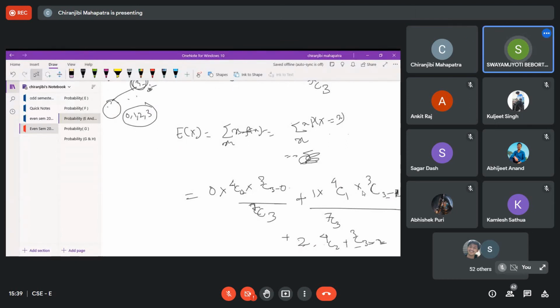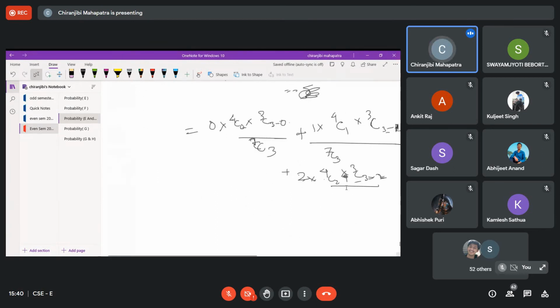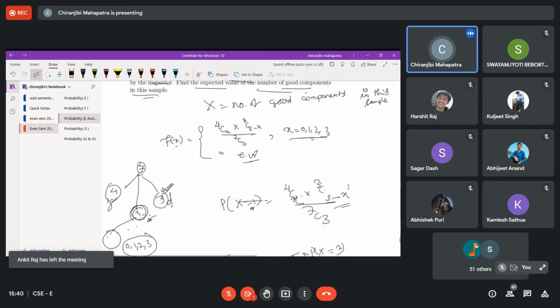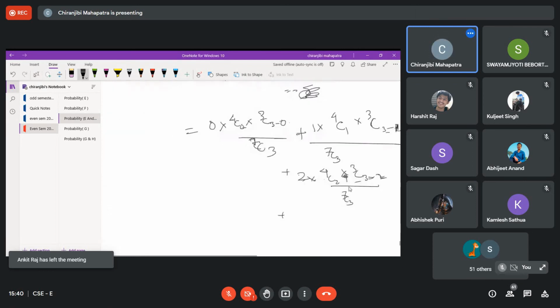Then plus 2 into 4C2 into 3C(3 minus 2) divided by 7C3, then plus और कौन सा, 3 into 4C3 into 3C(3 minus 3) divided by 7C3. ओके, सो इसकी वैल्यू निकाल दो, आंसर आ जाएगा.